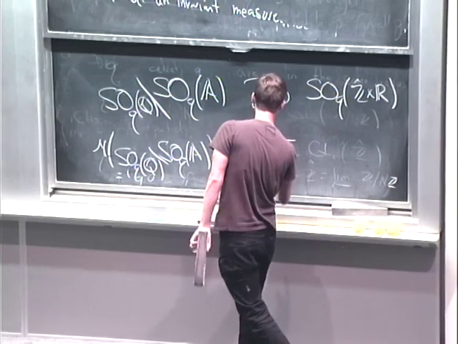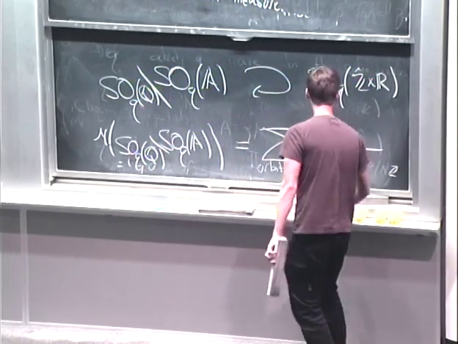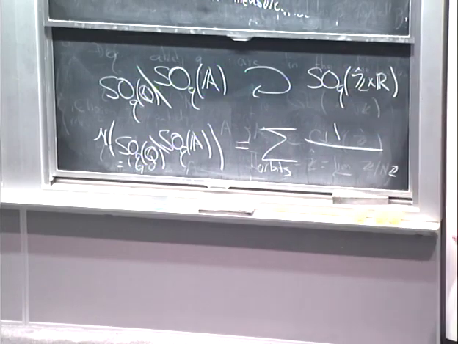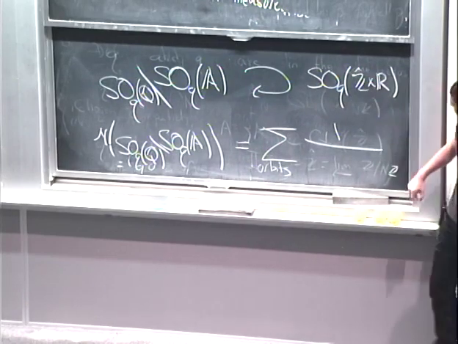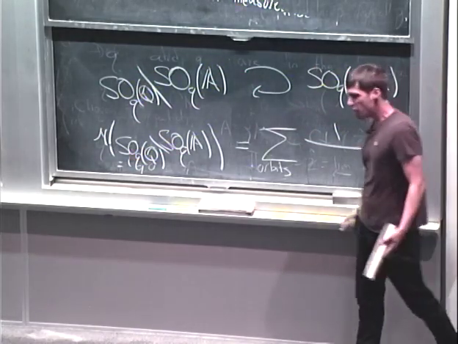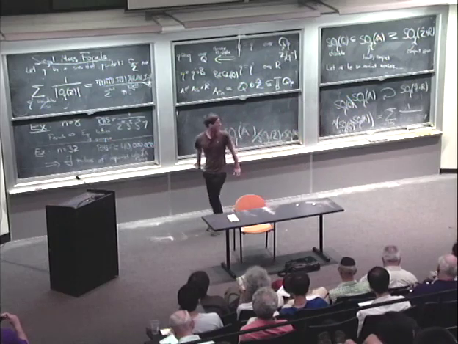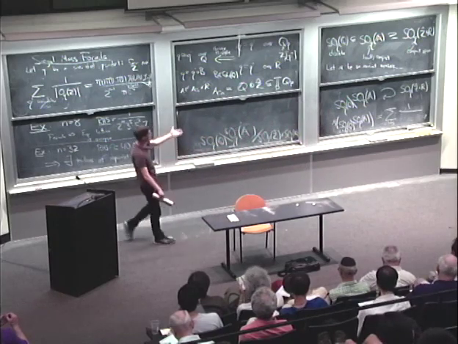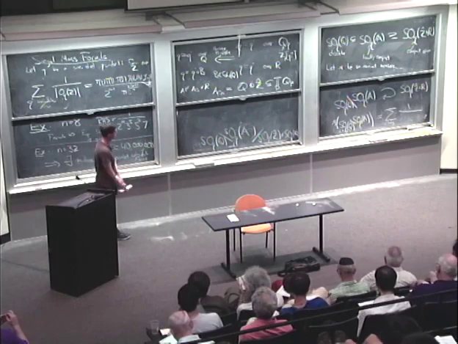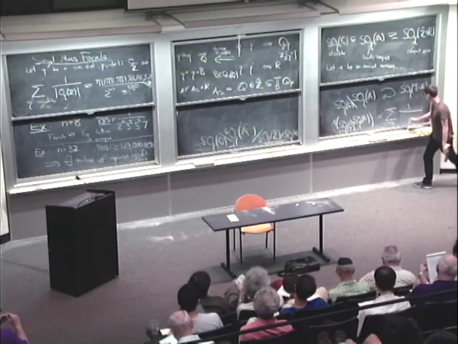So what I can say is that this is a sum over orbits of 1 over the size of a certain stabilizer group. If I pick an element here and look at its stabilizer in this group, that's always going to be a finite group because, as a subgroup of SO_Q of the adeles, it must be both discrete and compact. So 1 over the size of certain finite groups.